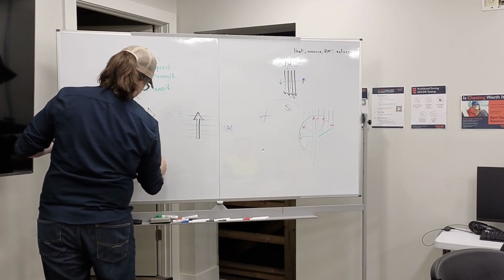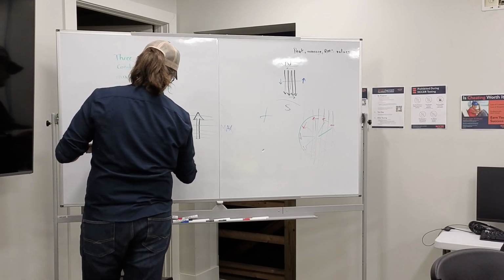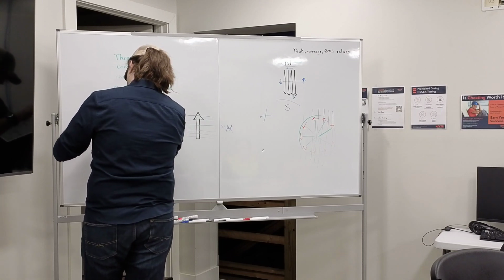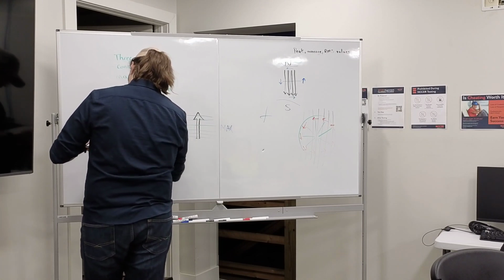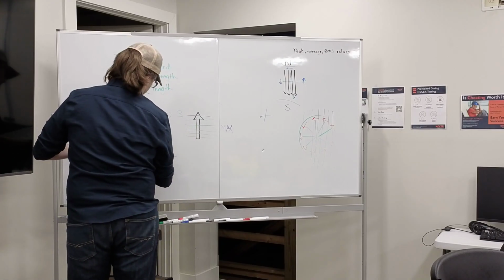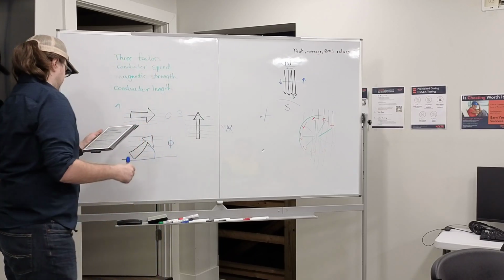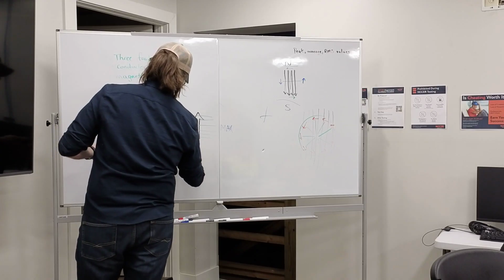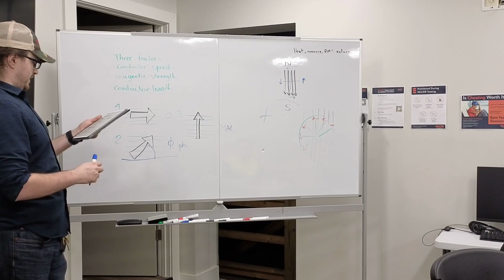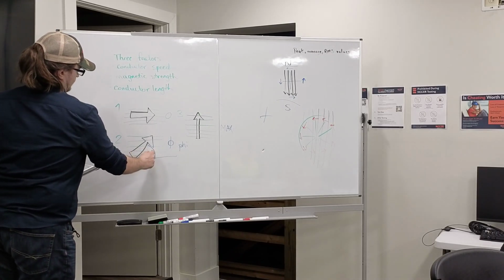Now here is the variable. That symbol is called phi, the Greek letter phi, and it represents this angle right here.